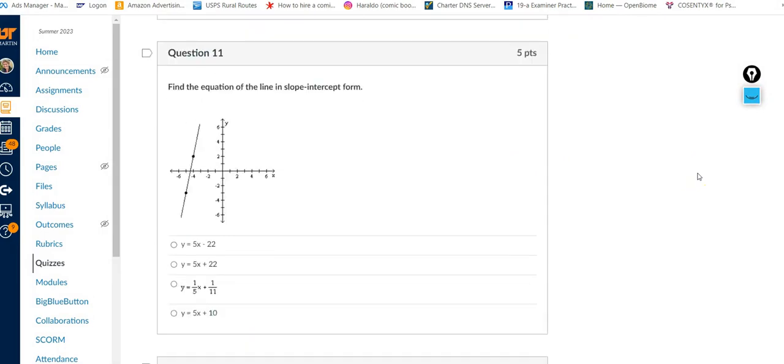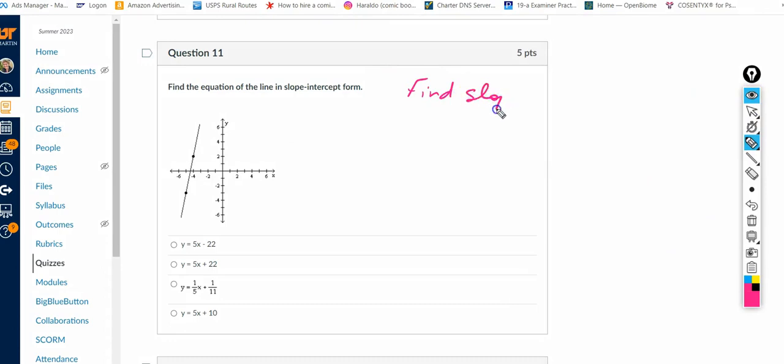All right, now find the equation of the line in the slope-intercept form. So again, first thing we do is find the slope. Again, we are shown 2 points. Now, if you can find other points that are easy to see, that's fine.